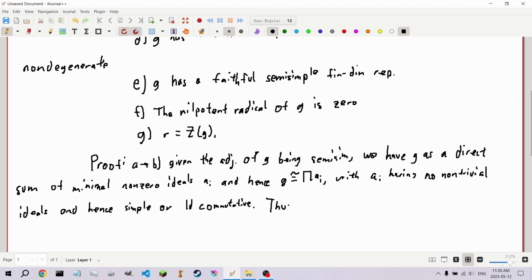Thus, keep in mind we're trying to show that the derived algebra of G is semi-simple. Thus, DG is the product of these A_i for the A_i which are simple and so is semi-simple.